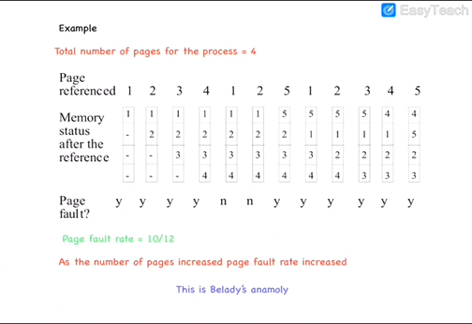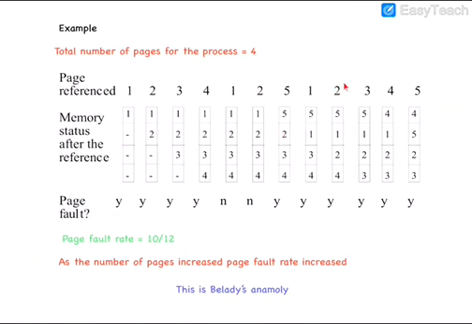Now 1 comes again, and 1 is already present in our memory, so no page fault. 2 is already present, so no page fault. Whenever 5 comes, we have to replace, and the first page is 1, so 5 replaces 1. Next reference is 1, which is not present in our memory, so 2 is replaced by 1.